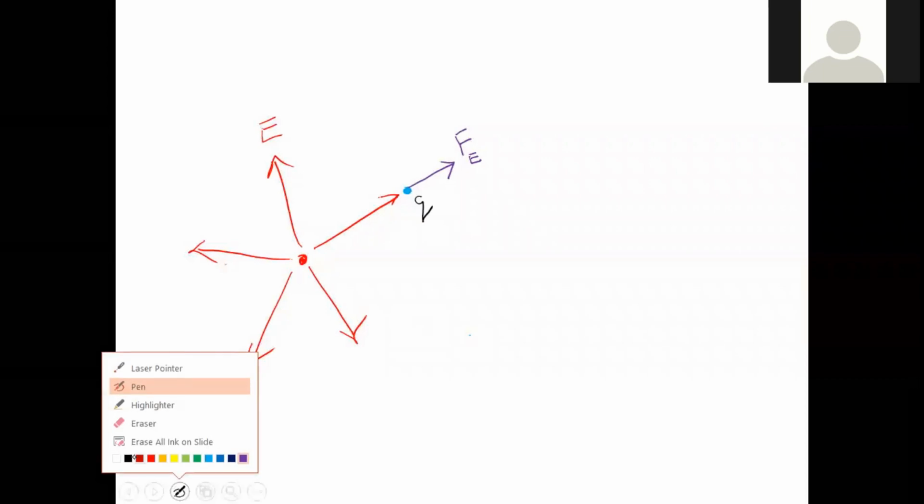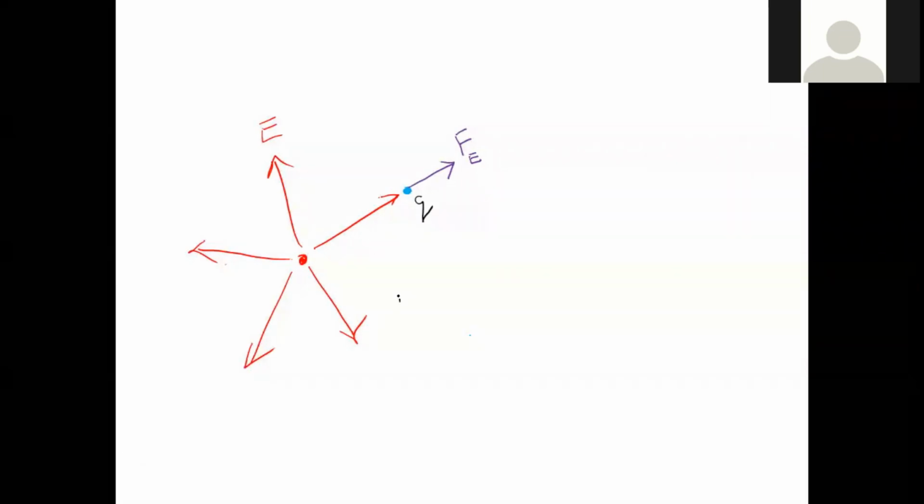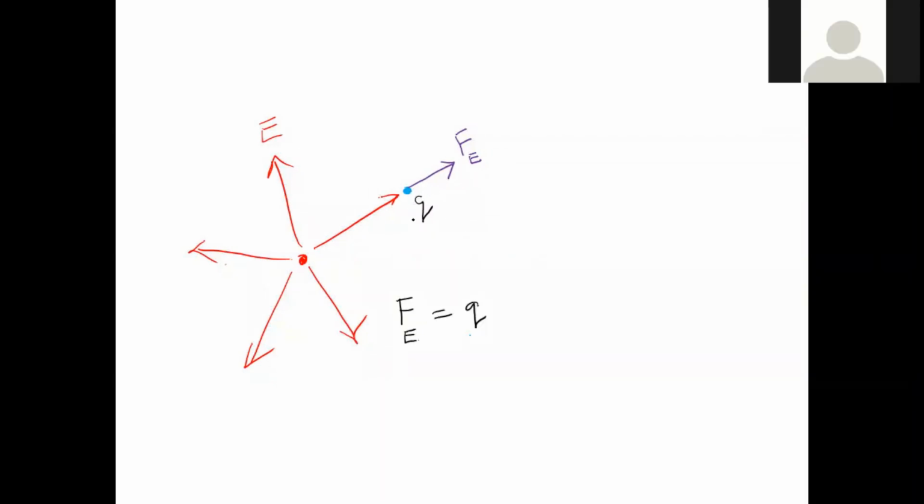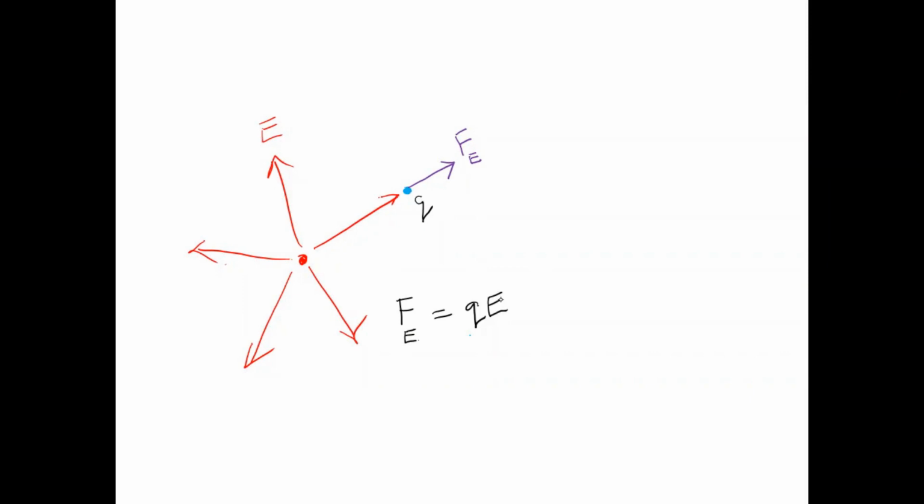This force will just be given by the magnitude of this charge times the magnitude of this electric field. That is the magnitude of the force. What is the direction? Since this is a positive charge, the direction will be in the direction of the electric field. Are we together?